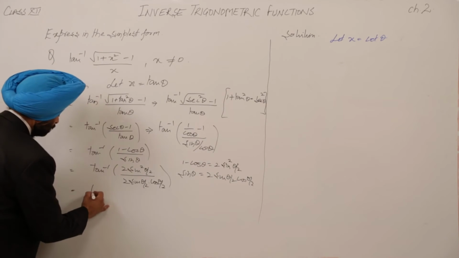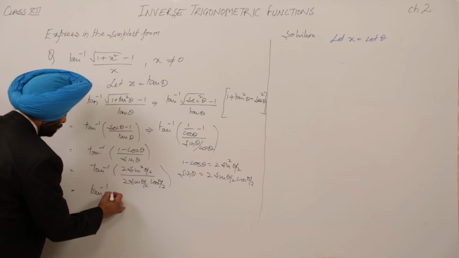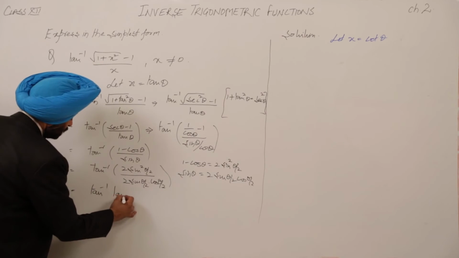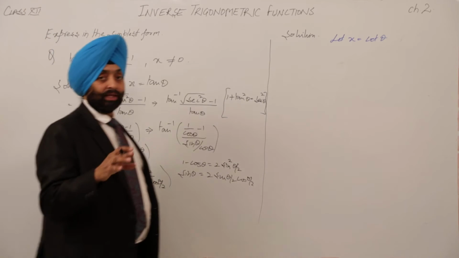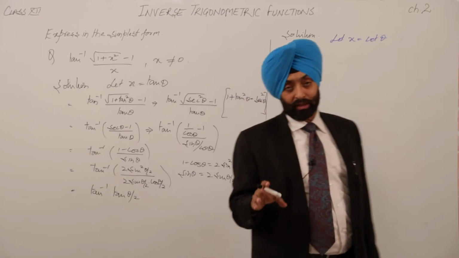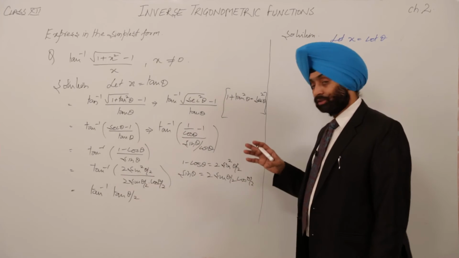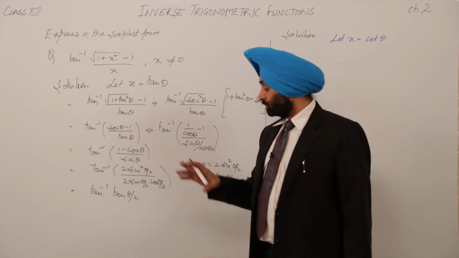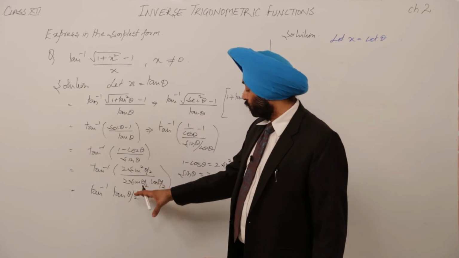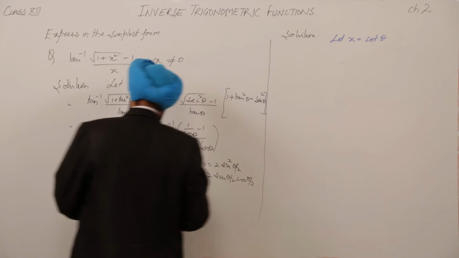Now what we are left with, tan inverse tan theta by 2. Because 1 sin theta by 2 from the numerator and 1 from the denominator, these are the same terms, so we have cancelled that one. 2 and 2 also cancel, and we are left with sin theta by 2 and cos theta by 2.